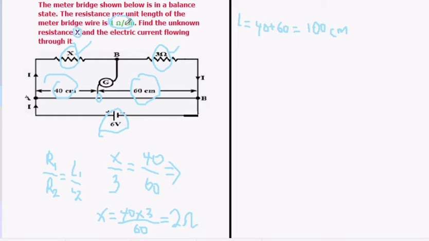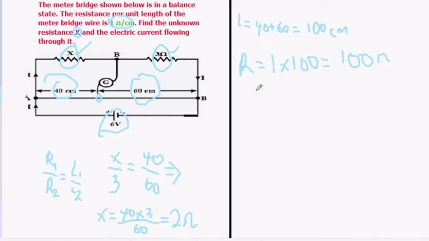Now if 1 cm has a resistance of 1 ohm, it therefore means that 100 cm is going to have a resistance of R equals 100 times 1 ohm, so that's going to give us 100 ohms. So the resistance of the wire is 100 ohms.